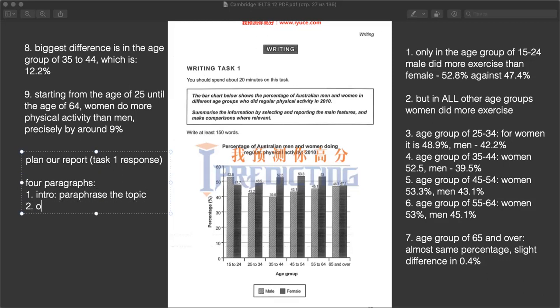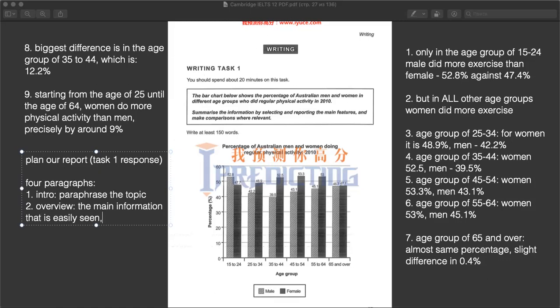Second thing, we write the overview. Overview is what we see if we look at this graph at a glance, just what we see right away. So the overview is the main information that is easily seen.